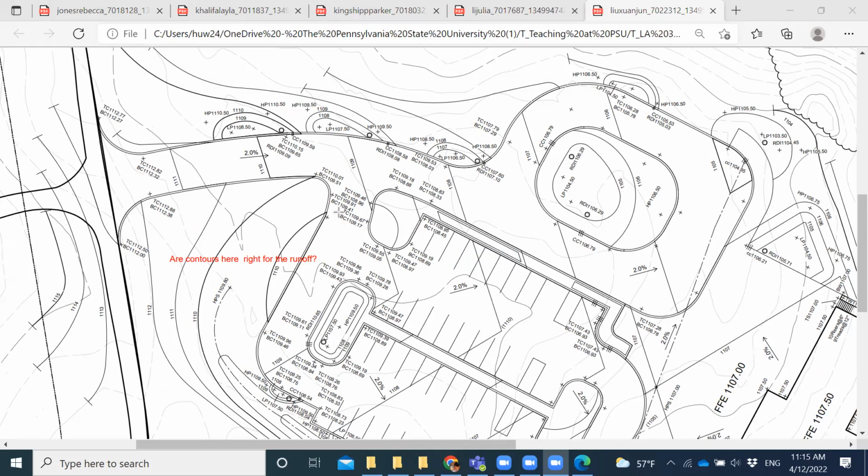I am a little confused about the 1110. Actually, you can have your 1110 go here, and it goes along the curb. Let me try something.